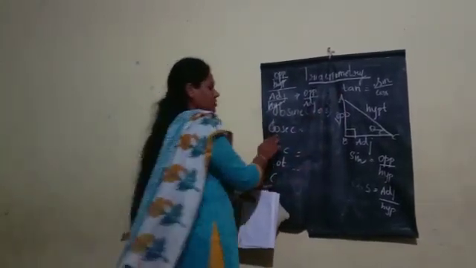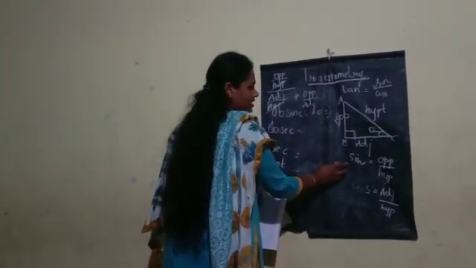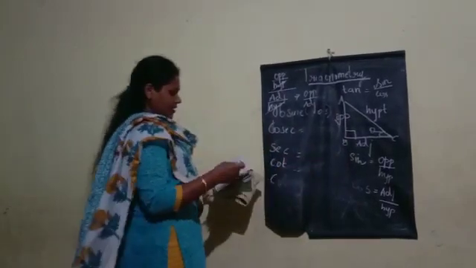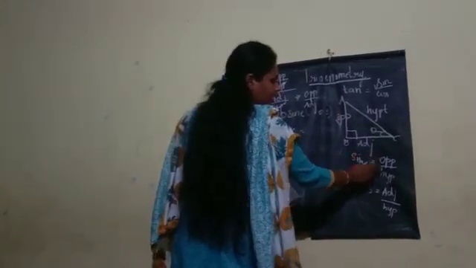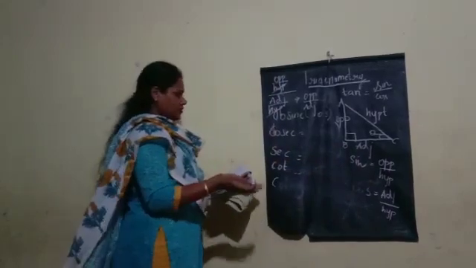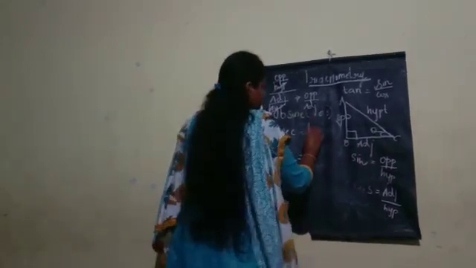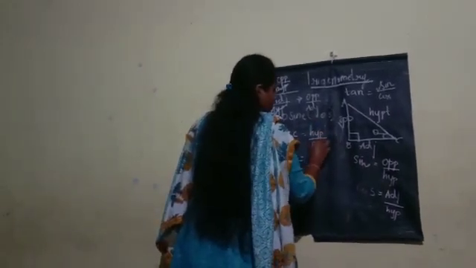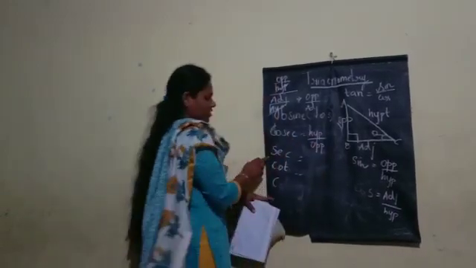For example, cosecant is the reciprocal of sine. Sine here is opposite by hypotenuse, so the reciprocal goes as hypotenuse by opposite.